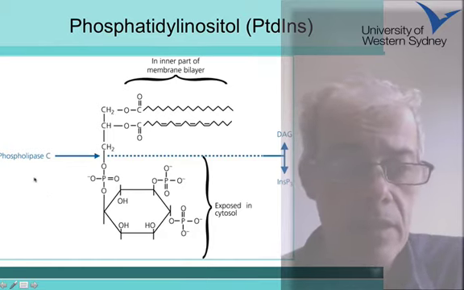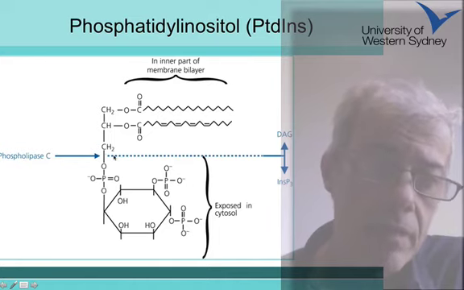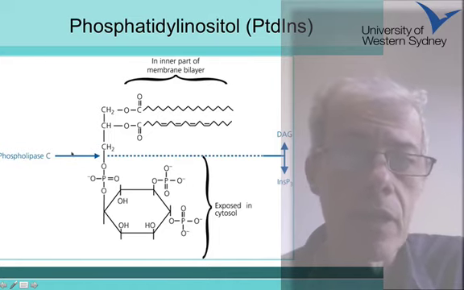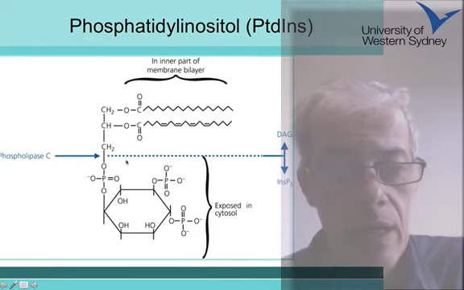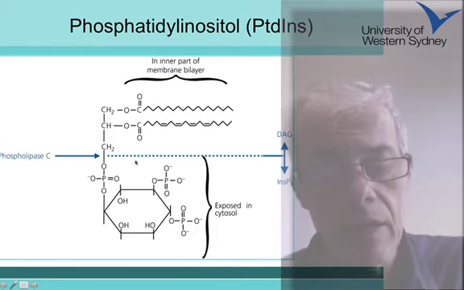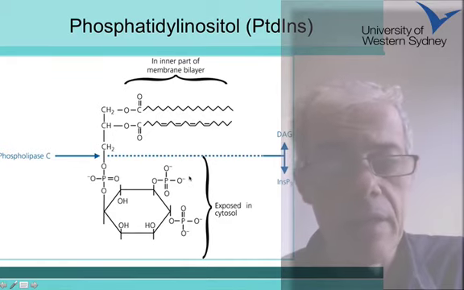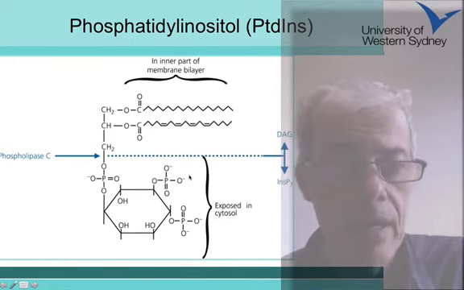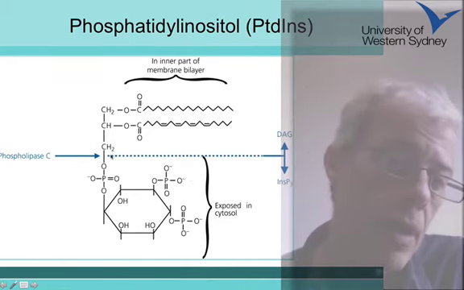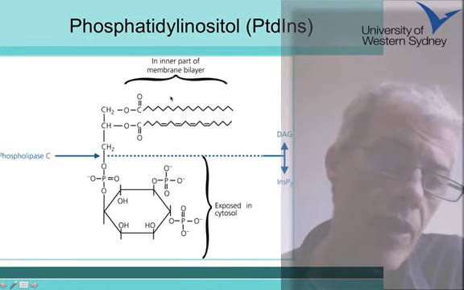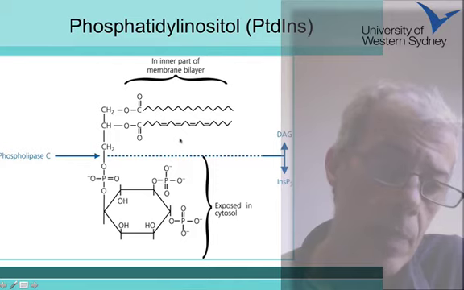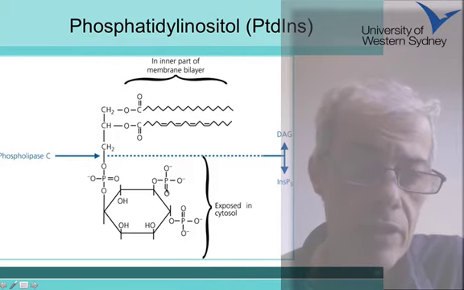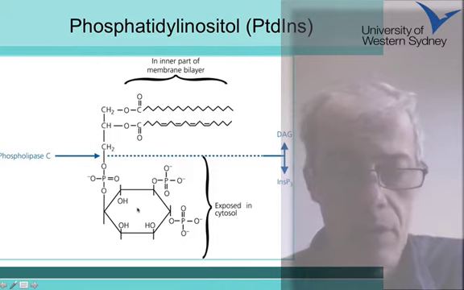Phospholipase C is the enzyme we'll be looking at that cleaves the phosphatidyl inositol to give rise to a second messenger, typically IP3. When you cleave at this part of the molecule, this region here is embedded in the membrane and stays in the membrane, and this region here is soluble and can go into the cytosol.